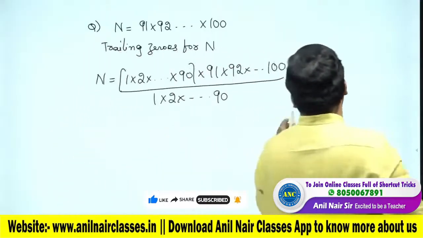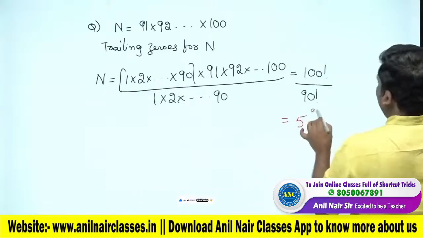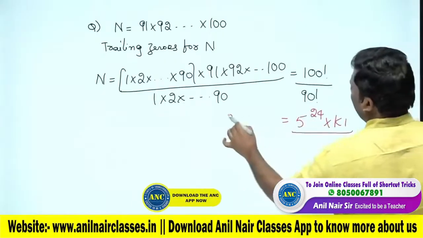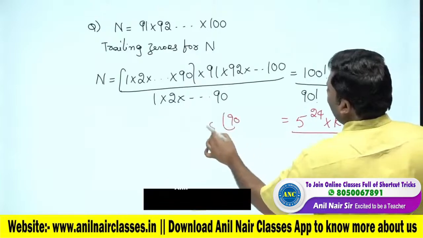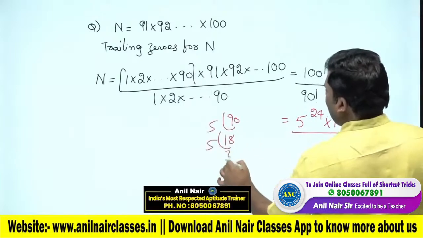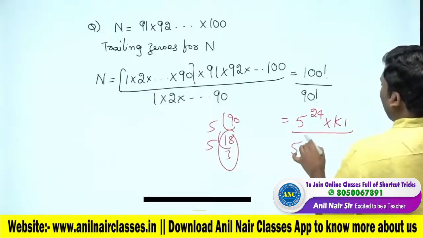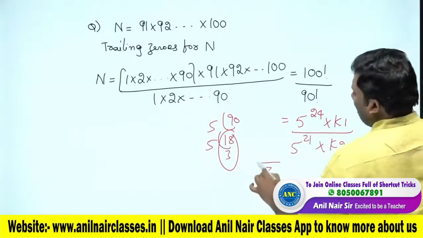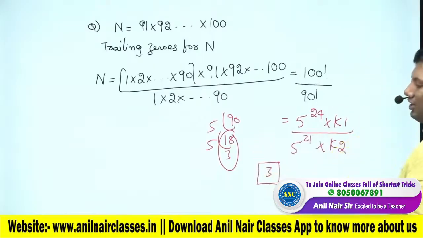100 factorial will be 5 power 24 into k1. For 90 factorial, 5s: 18, 5 threes: 3, 18 plus 3 is 21, so 5 power 21 into k2. So the answer is the number of trailing zeros for this question.